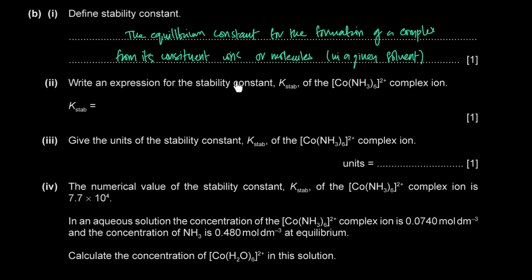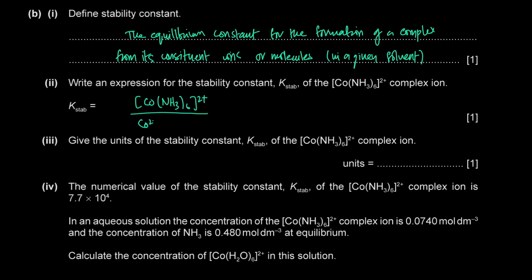Write an expression for the stability constant of the cobalt hexaamine complex, the cobalt 2 hexaamine, Co(NH3)6 2+. So you can write down the simplified stability constant. We have this complex ion being formed, Co(NH3)6 2+, from its constituent ions or molecules.